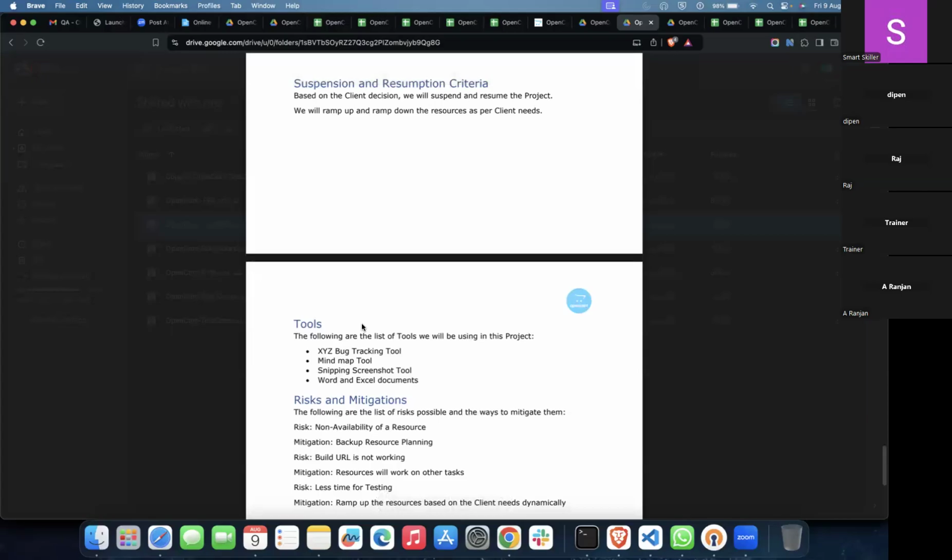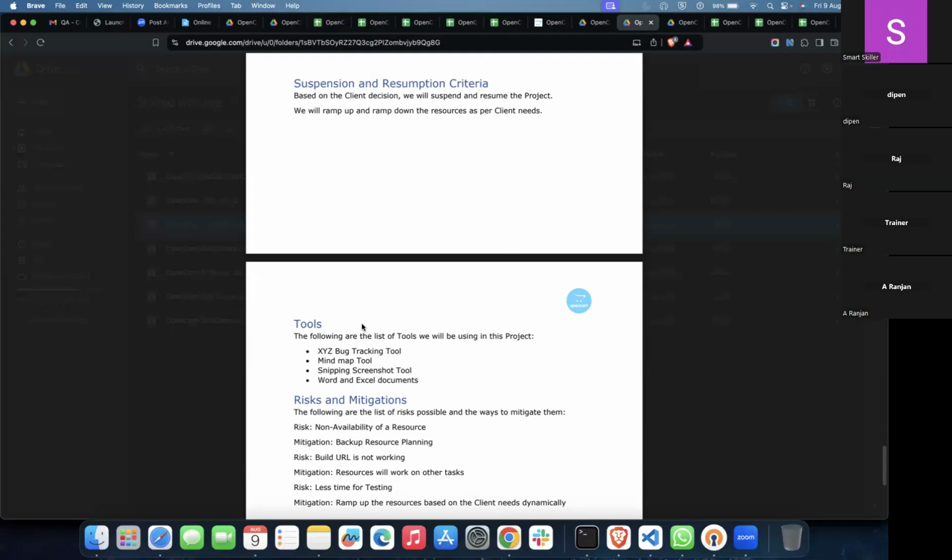Whenever you go through the testing phase, there are various tools that are required in order to help you in your testing journey.